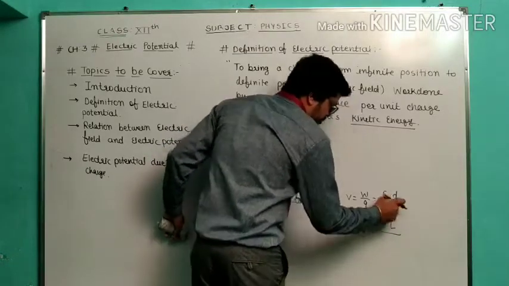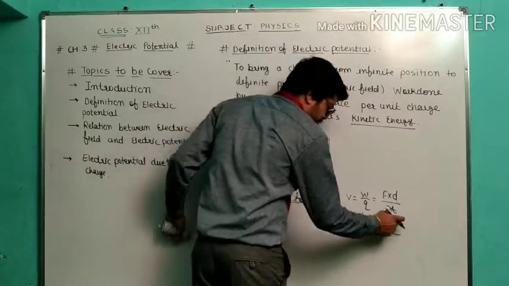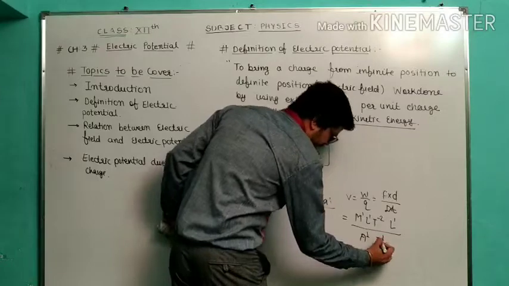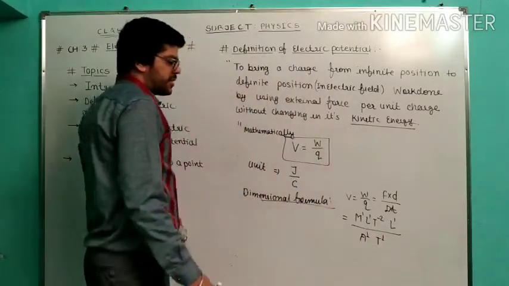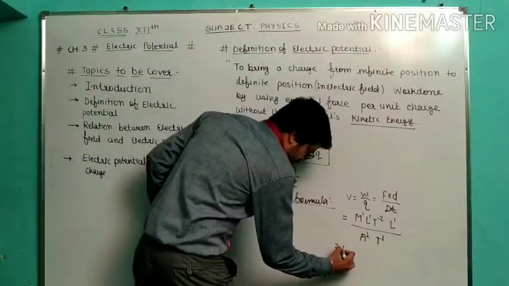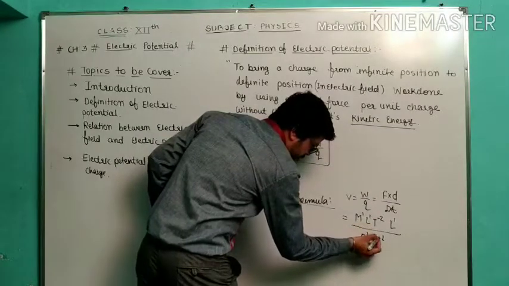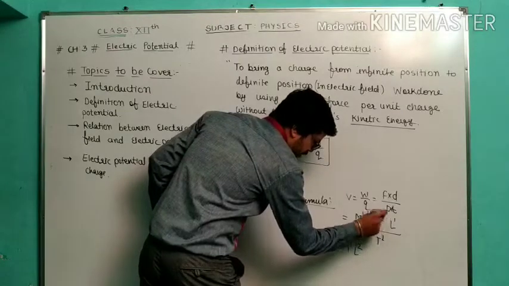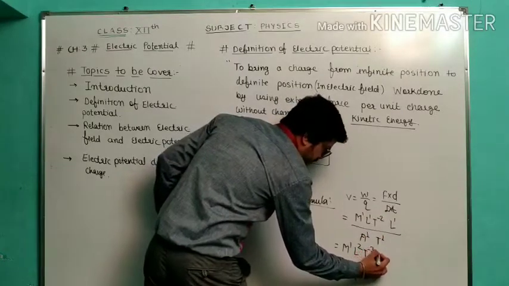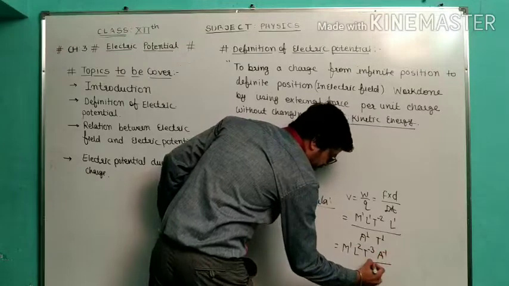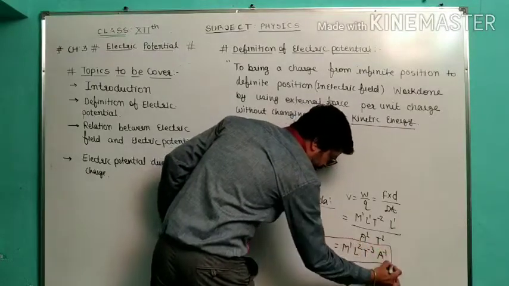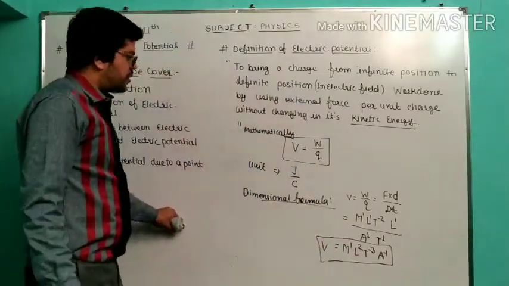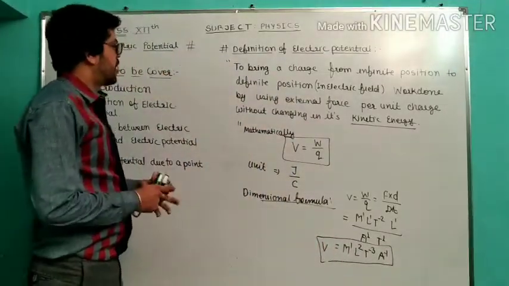The dimension of distance or displacement is L to the power 1. Current is represented by A to the power 1 and time is represented by T to the power 1. Finding the dimensional formula, this is M1 L2 T minus 2, this will come in minus 1, so T minus 3, and A minus 1. So this is the dimensional formula of the electric potential.